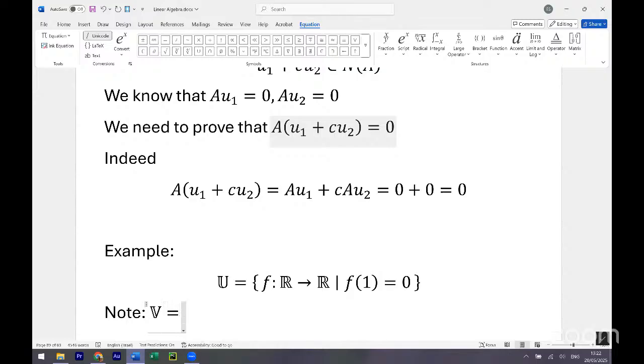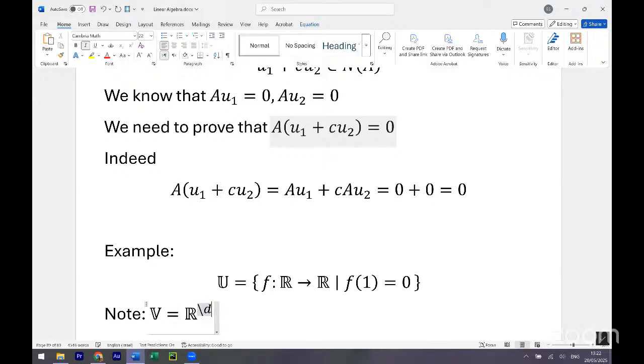And note the set of how do you note the set of all functions from R to R? Did you learn it in discrete mathematics? If the 2 points are R, that's one function. How do you note the set of all functions? R to the R. Yes, exactly. That makes sense. That's the set. I'll write it in words as well.